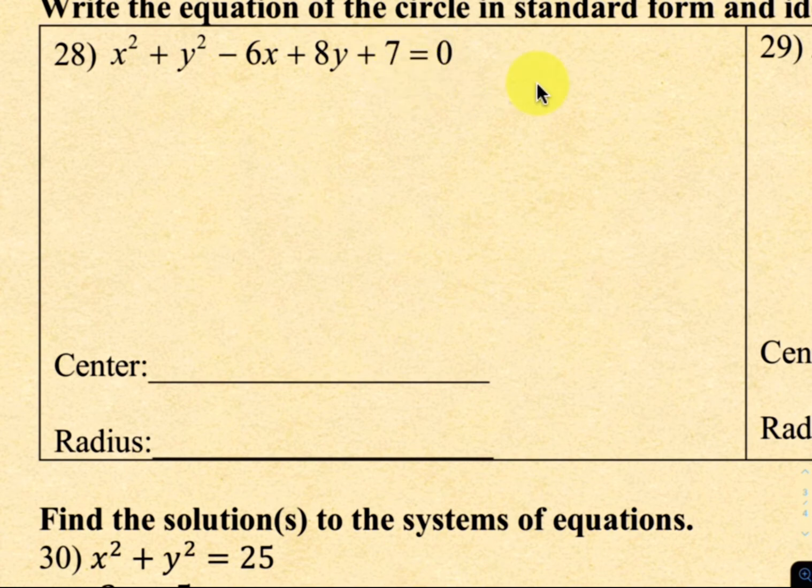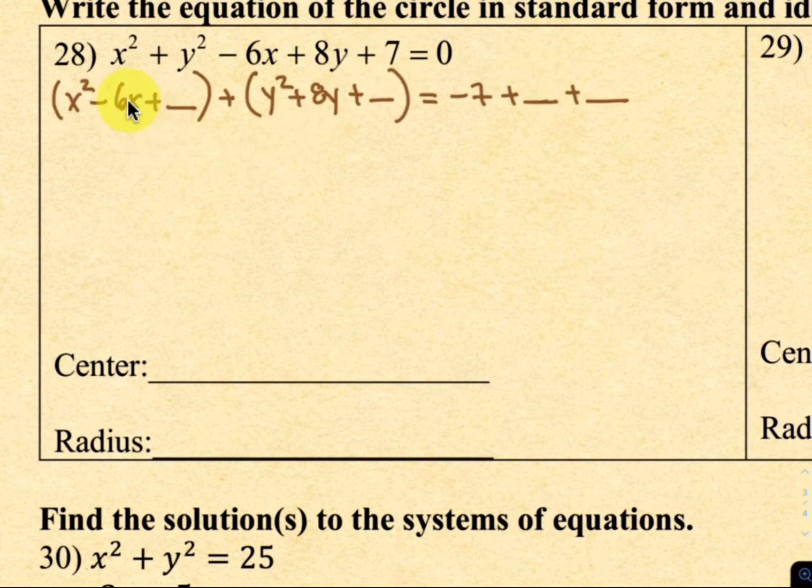That 7 needs to be moved to the right side, so we're going to subtract that. After doing all that, we collect the x's together. That's x² − 6x + some number, plus the group of y's, that's y² + 8y + some number, equals the −7 that we subtracted, plus these two numbers here.